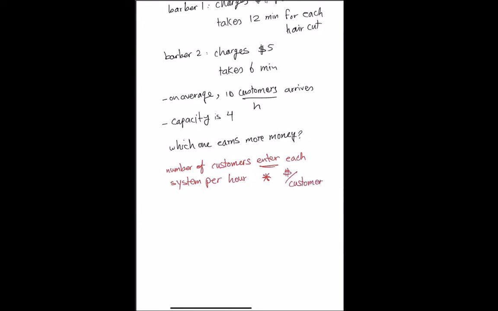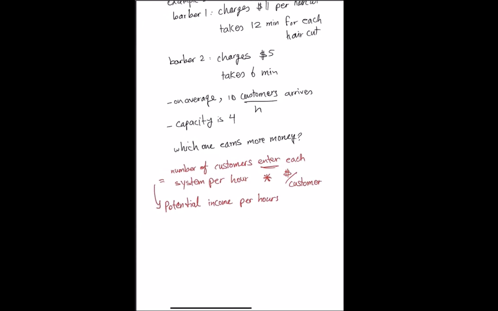That gives me a sense of the potential income or revenue per hour, and the store that has the higher potential revenue per hour is the one we are going to pick.